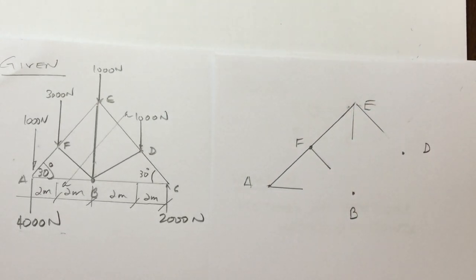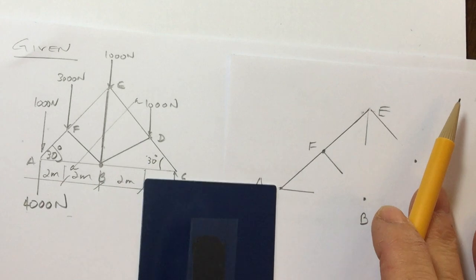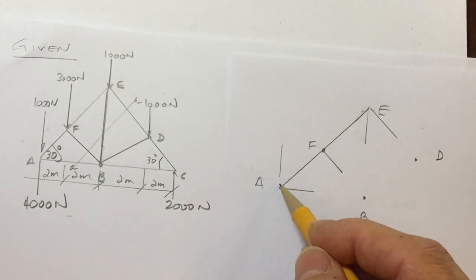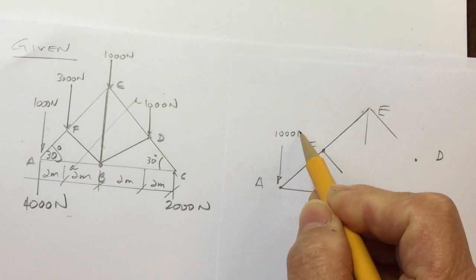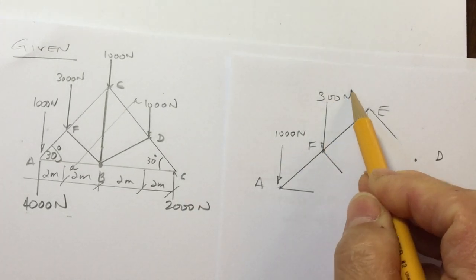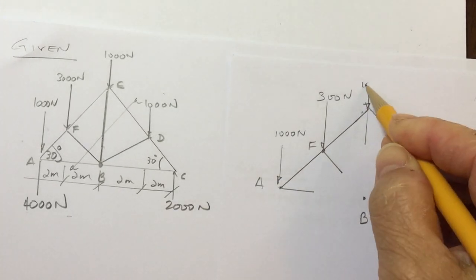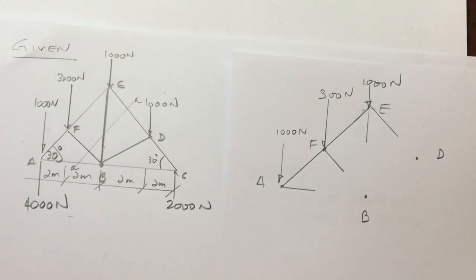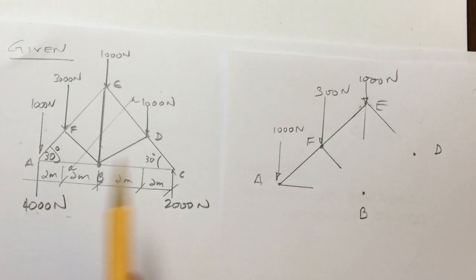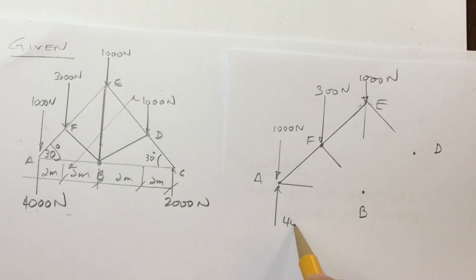Okay. So now what I have to do is draw the externally applied forces. That'll be 1,000 newtons, 3,000 newtons, and 1,000 newtons, along with the reaction force at A. There'll be 4,000.